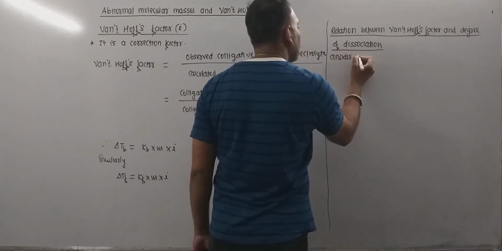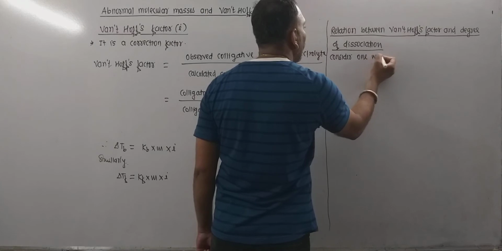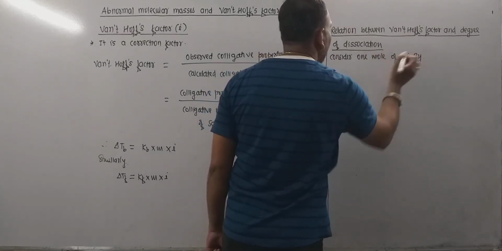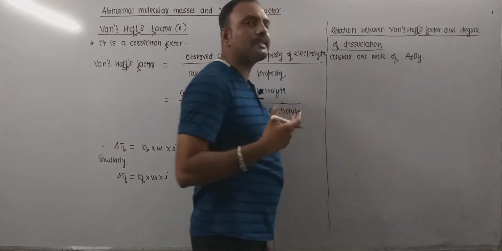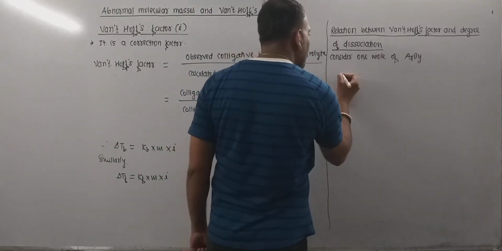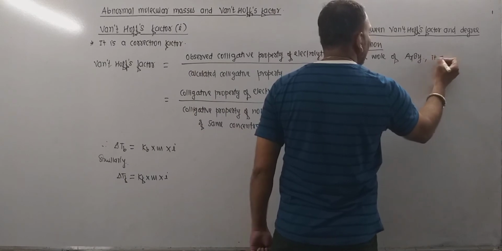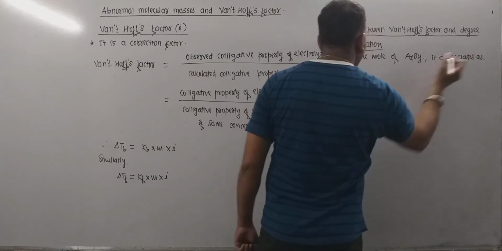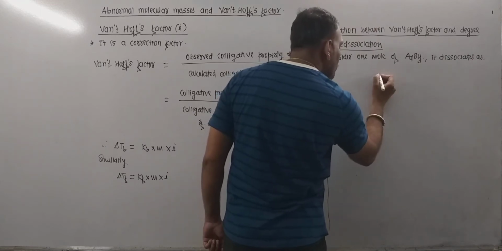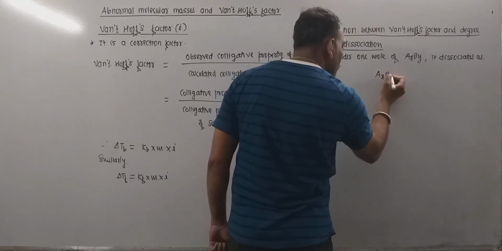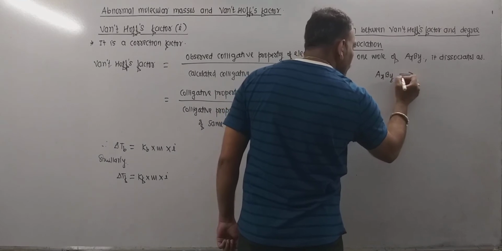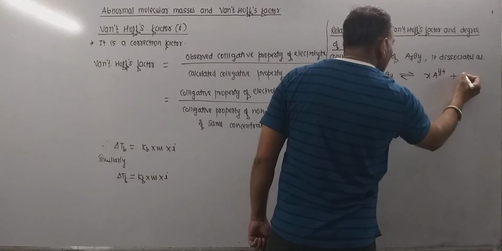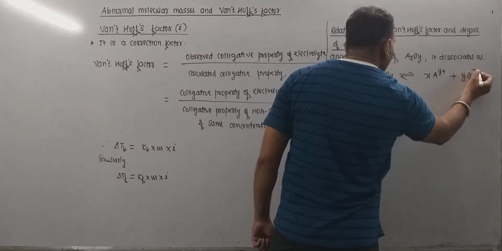Consider 1 mole of electrolyte AxBy. Now let's see how it dissociates. AxBy gives xA^y+ plus yB^x-.